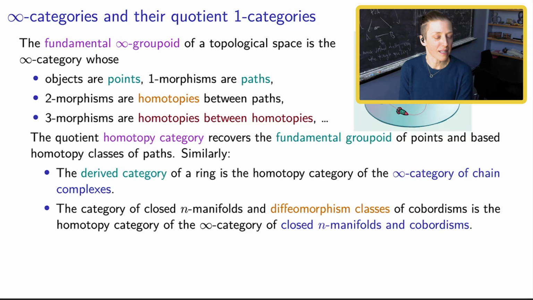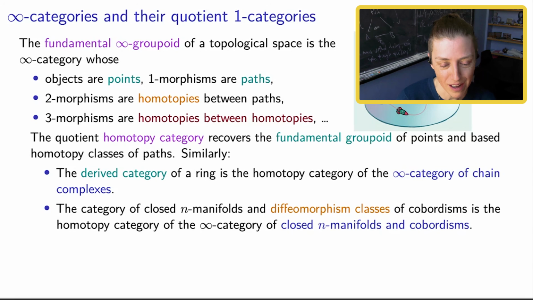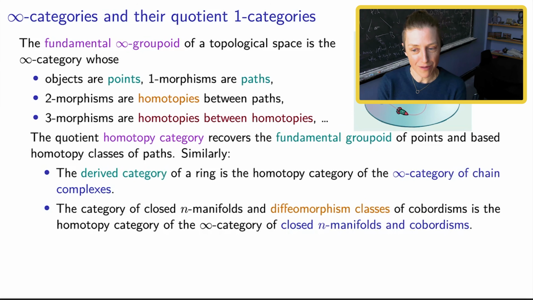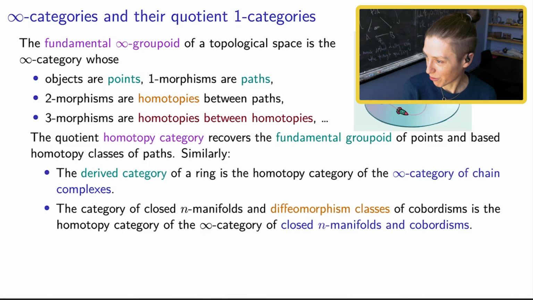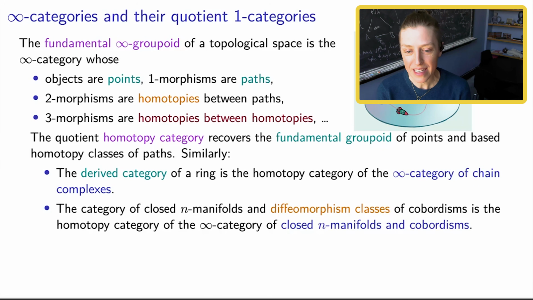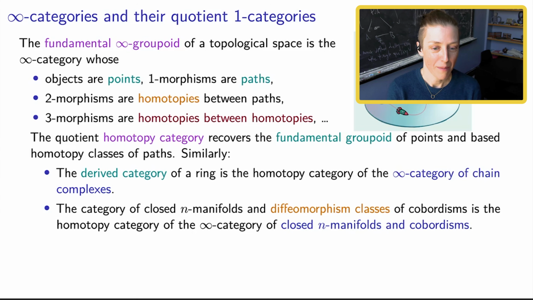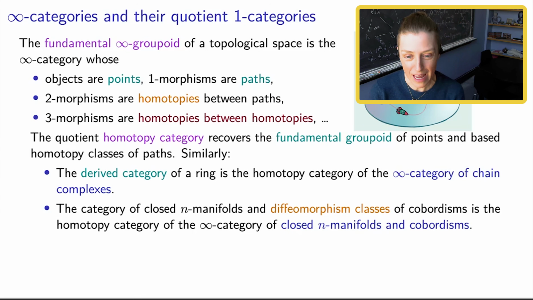In algebraic geometry and homological algebra, there is the derived category of a ring or of an abelian category. That is now understood as the homotopy category of an infinity category, namely the infinity category of chain complexes. Similarly, I mentioned briefly Atiyah's TQFTs. Those are indexed by a category of, say, closed N-manifolds and diffeomorphism classes of cobordisms.